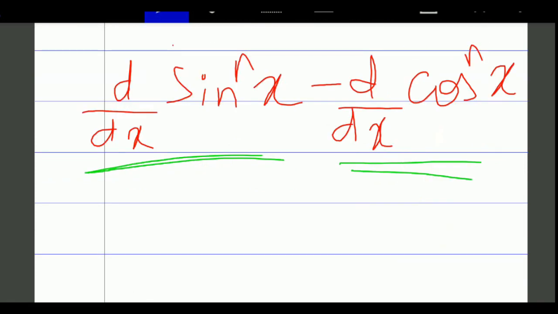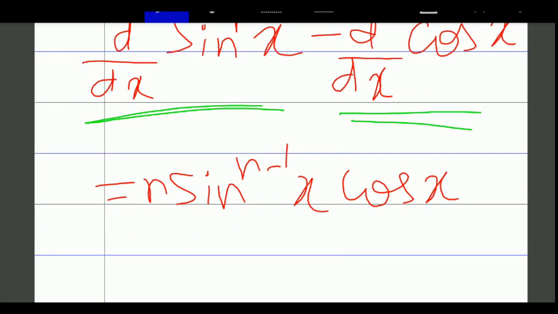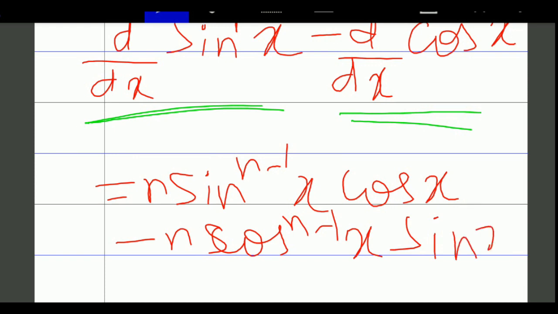Now we will put the values in the main question. As I solve, differentiation of sin^n x becomes n sin^(n-1) x into cos x, minus n cos^(n-1) x into sin x, that becomes plus, as the differentiation of cos x is minus sin x, then minus becomes plus.